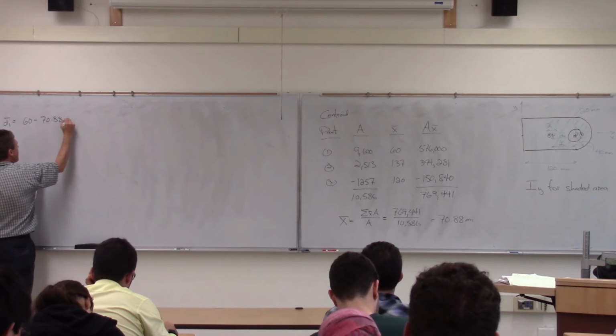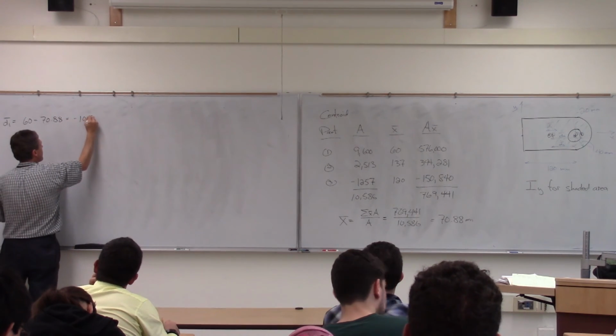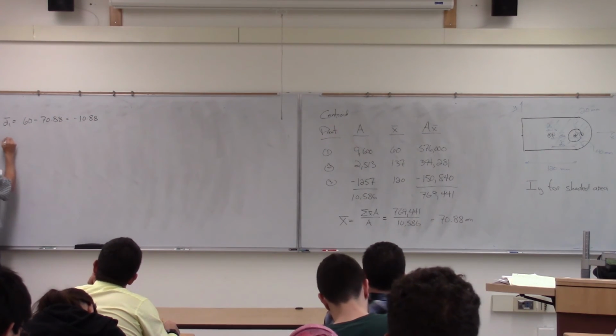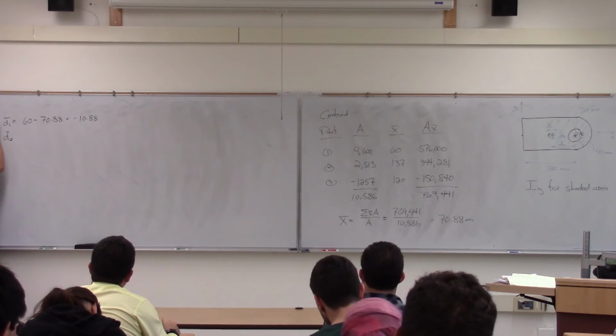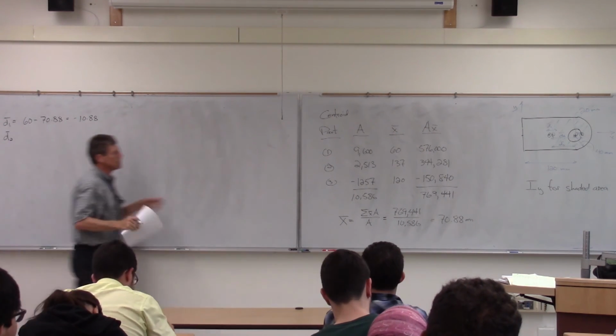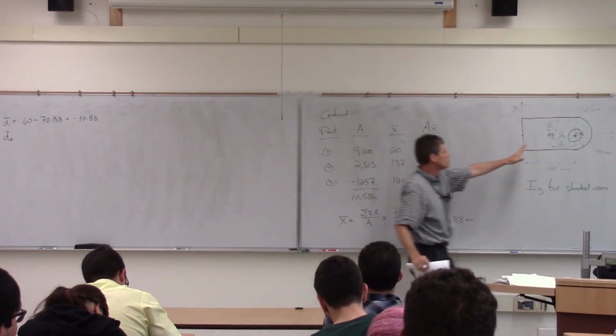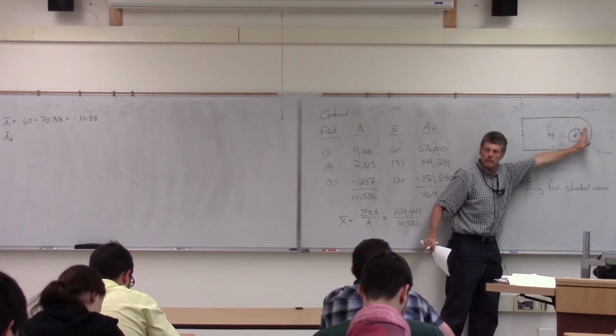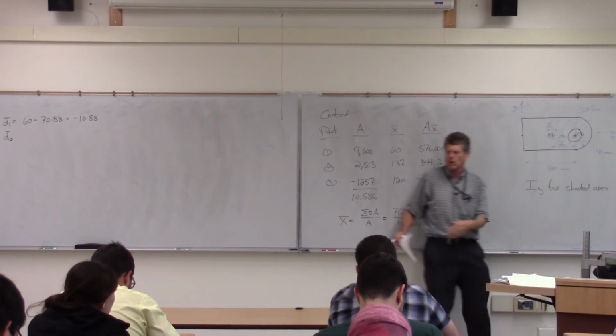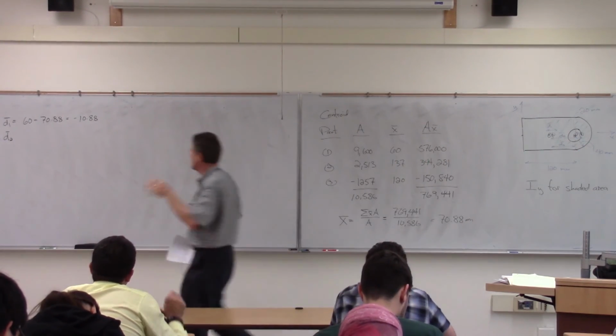What's d2? That's a semicircle. So it's the measure from the centroid that we just found of the whole thing to the centroid of that semicircle. Remember, that's that 4r over 3 pi.